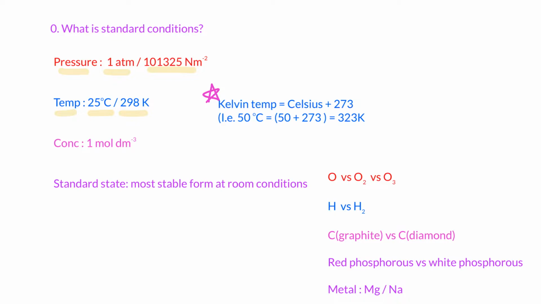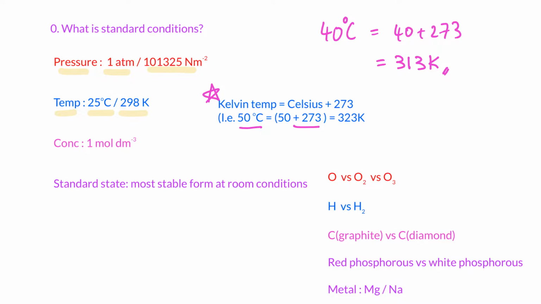So if you have 40 degrees Celsius, you add 273, and you get 313 K. So it has to be 25 degrees Celsius or 298 K. For solutions, unless specified, the concentration has to be 1 mol per dm cube.